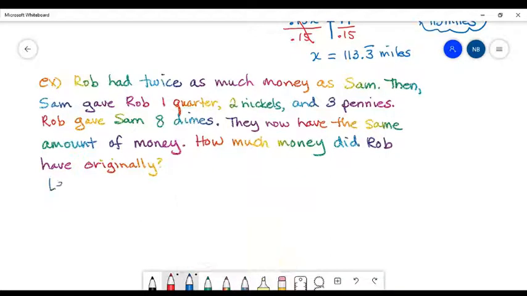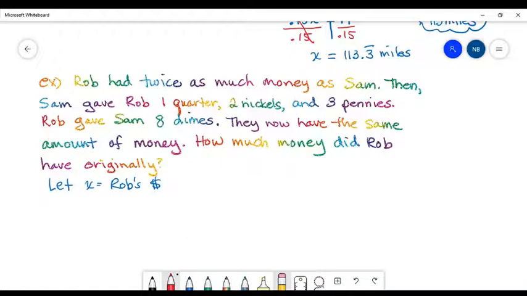All right, so let's write down. Let x equal Rob's money, the original amount that Rob had. We know that Rob had twice as much money. You know what? I changed my mind.